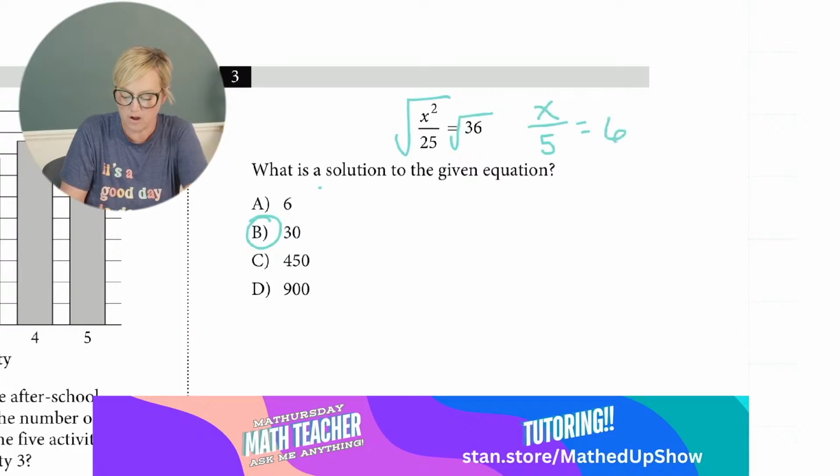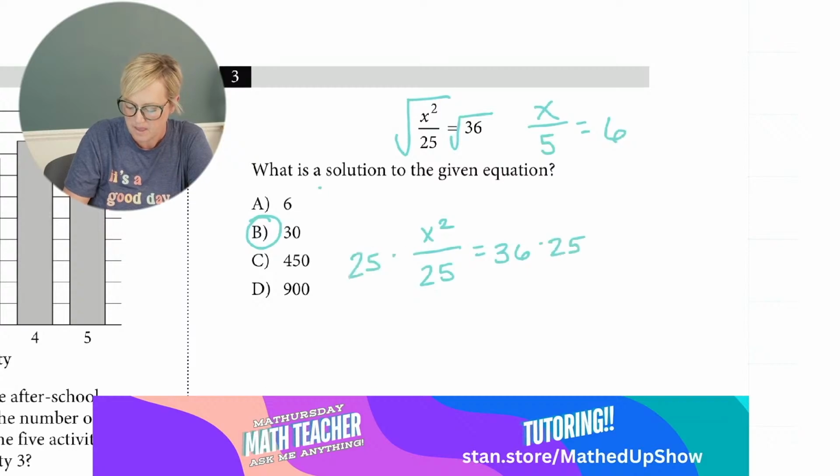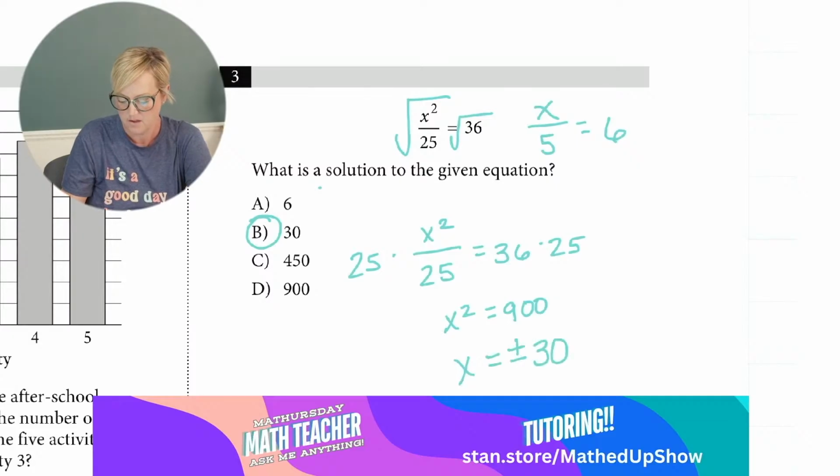Or what you could also do is start with x squared over 25 equals 36, multiply both sides by 25, and you get that x squared equals 900, and then the square root of 900 would be plus or minus 30, right?